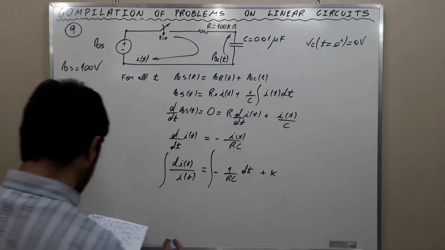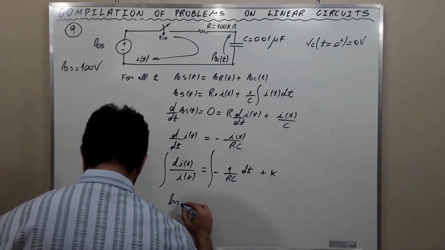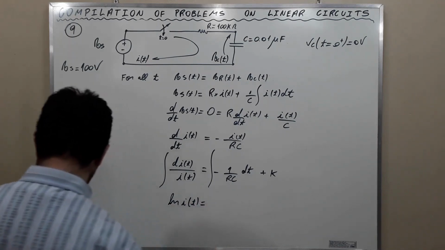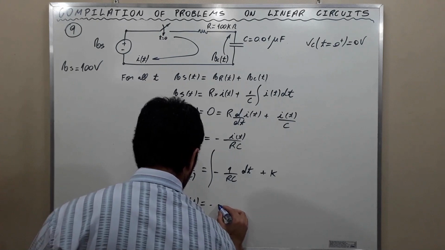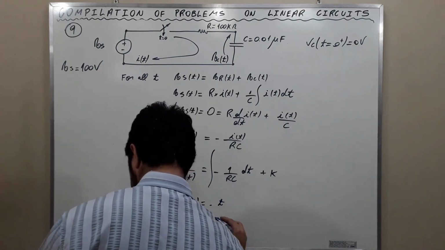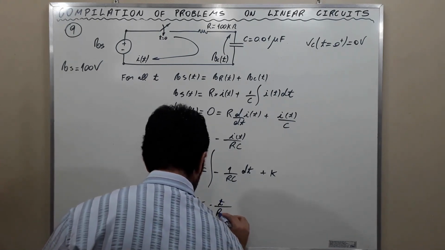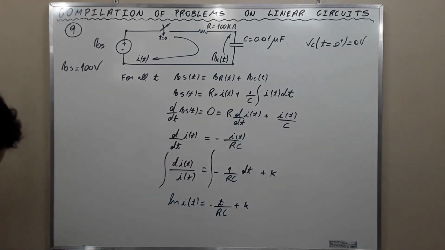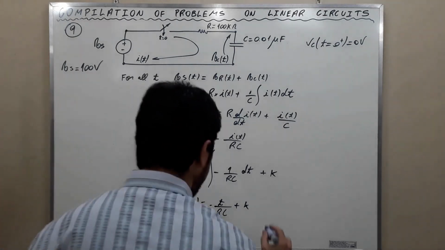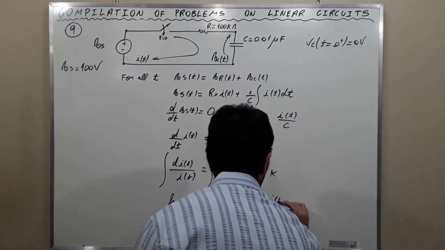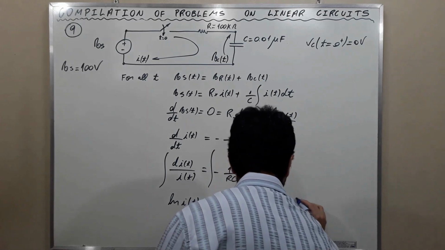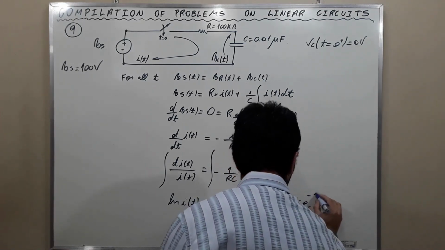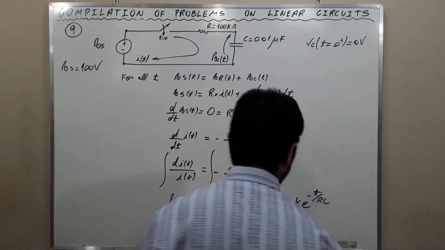And we find that ln of I of t is equal to minus t over RC plus k, and I of t will be equal to k times e to the negative t over RC.